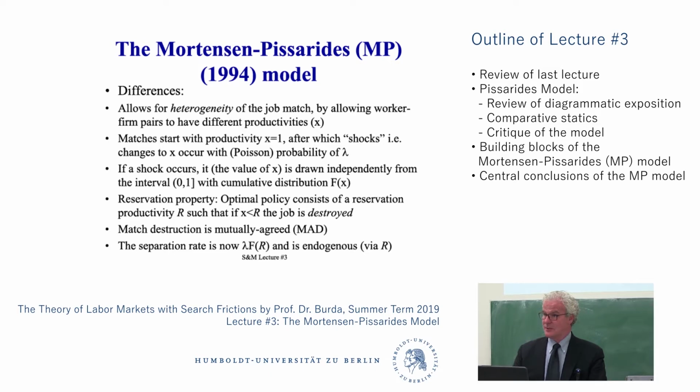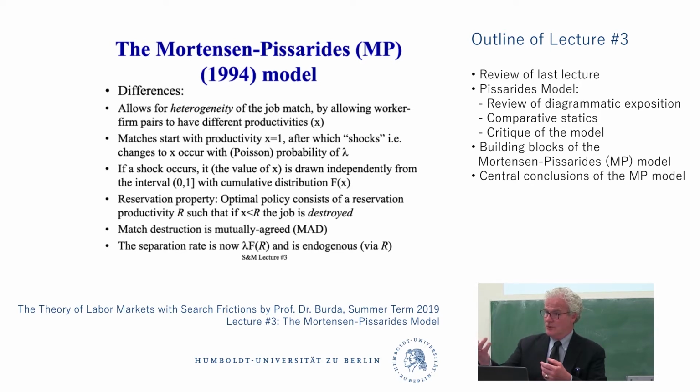Okay? Yes, question? And so the productivities of the match x are heterogeneous, but this Poisson probability lambda is constant. So say when we match up, we get different productivities in different periods. Yeah, it's mutual.